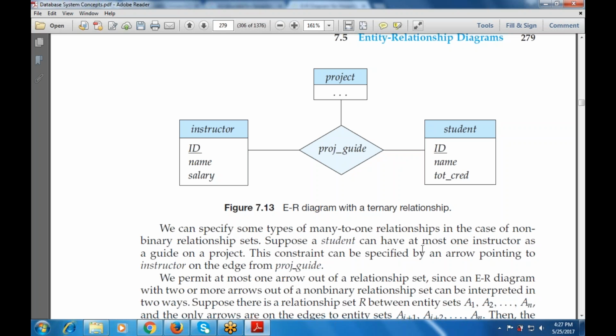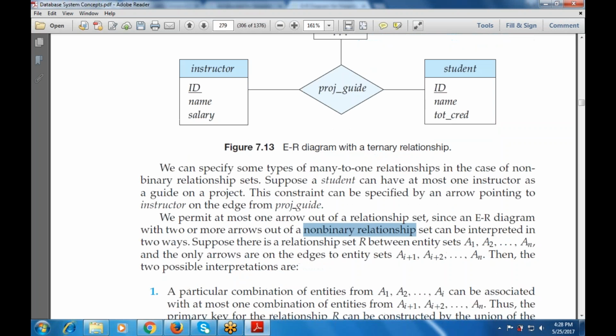So we permit at most one arrow out of a relationship set, since an ER diagram with two or more arrows on a non-binary relationship set can be interpreted in two ways.